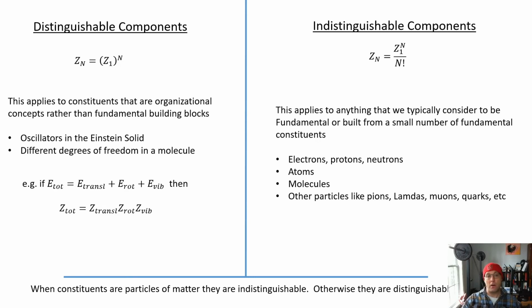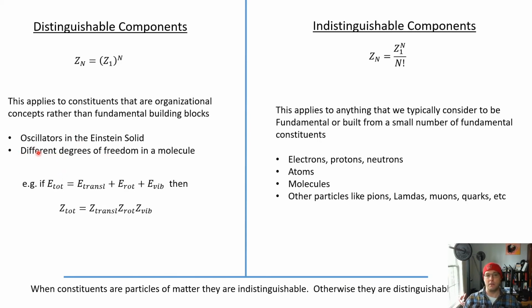In some sense, they are the vibrational degrees of freedom associated with the atoms. The way nature works is that those degrees of freedom are not indistinguishable components. They are actually distinguishable.